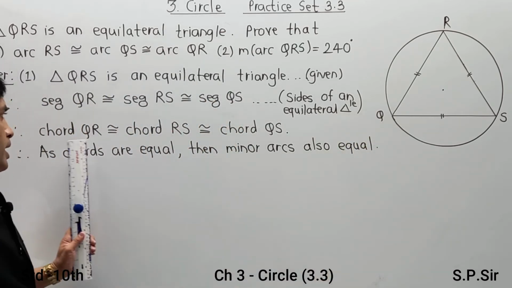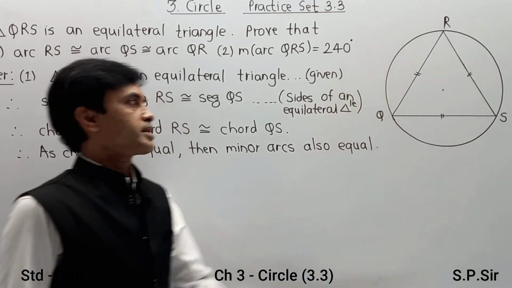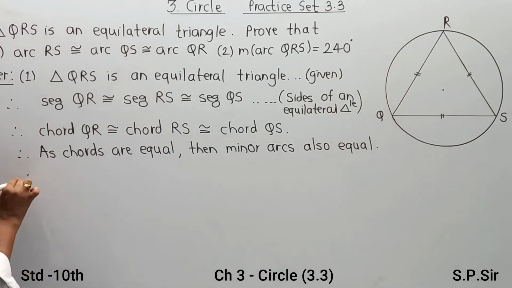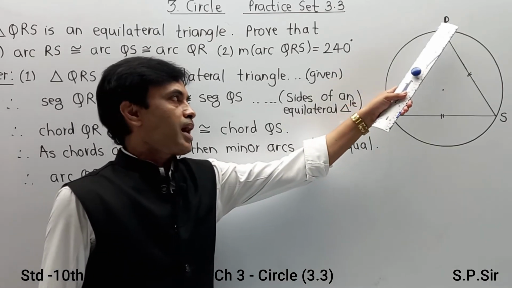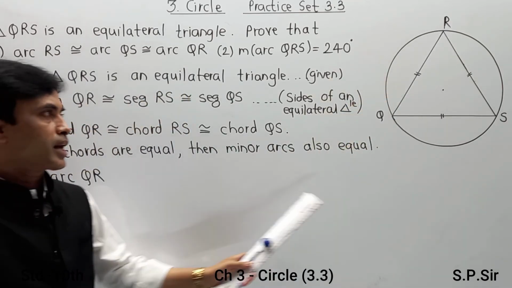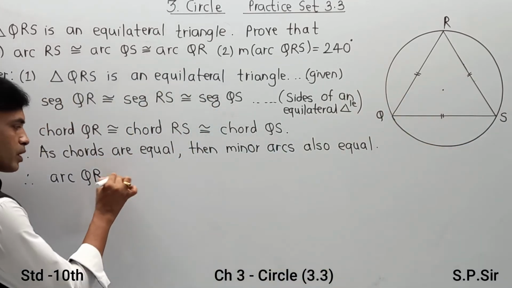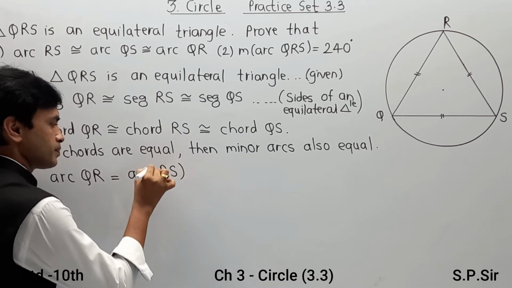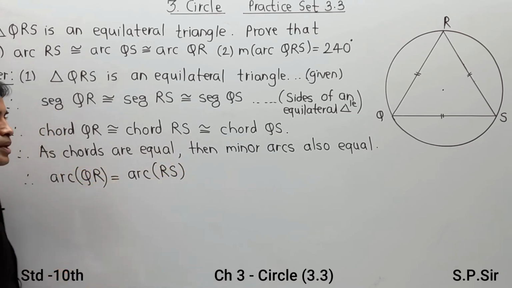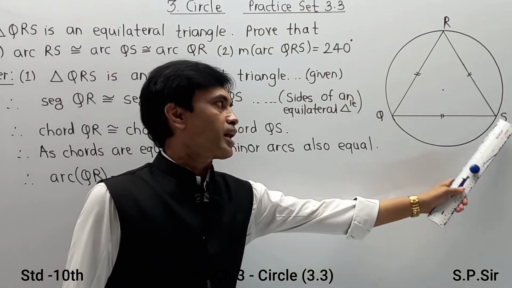Now we can say that for chord QR, the minor arc is minor arc QR. So arc QR. Next, chord RS means minor arc RS, so arc RS. And last, chord QS means minor arc QS.